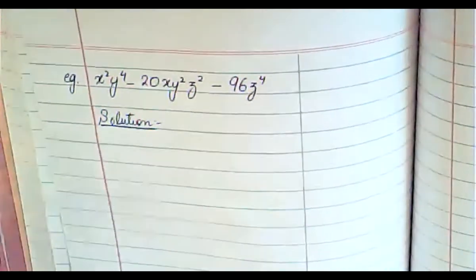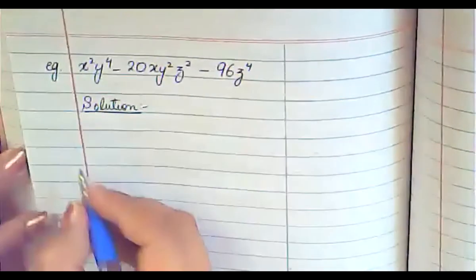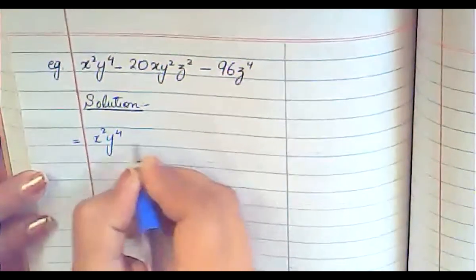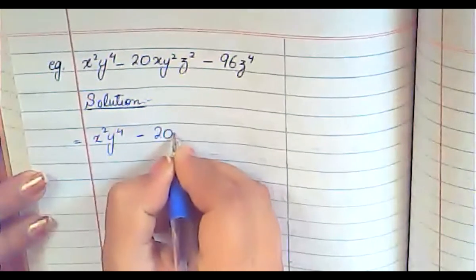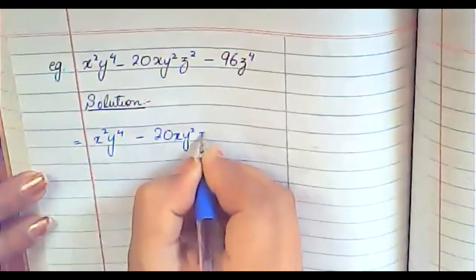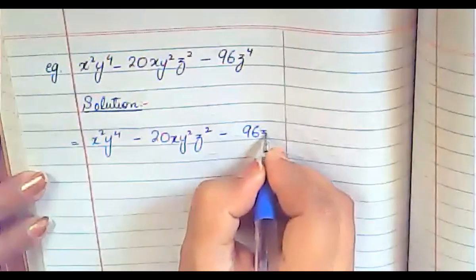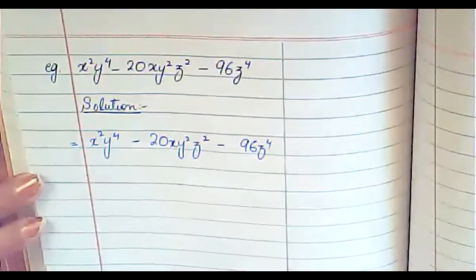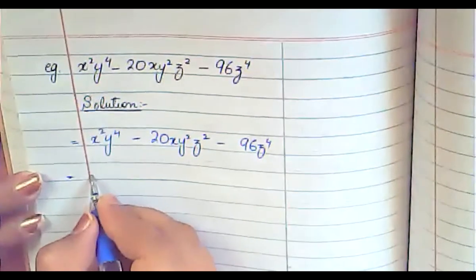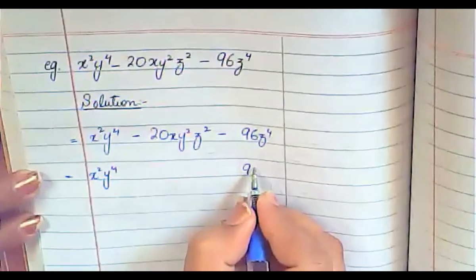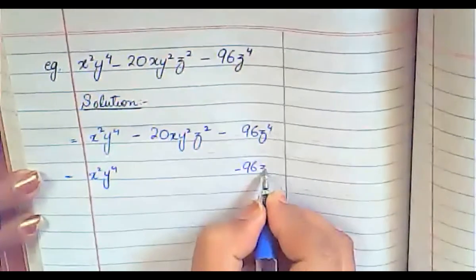Okay, then what is given to you here: the first term is x square y4, the middle term is minus 20xy square z square, and the last term is minus 96z4. The first term and the last term will remain the same, minus 96z4.